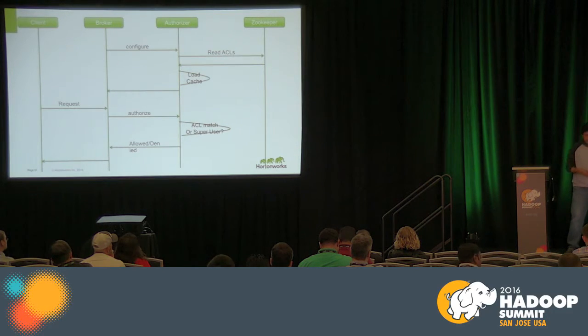So we look at our cache. As long as there is an ACL match, meaning you have an allow ACL, or if you are one of the super users, you are granted the access. If you somehow get into a deny ACL list, then you are denied. It doesn't matter if you have an allow ACL or not. If you match a deny ACL, you are always denied.